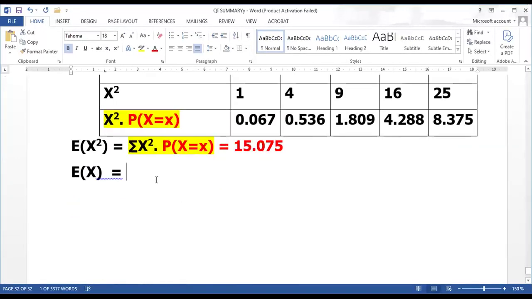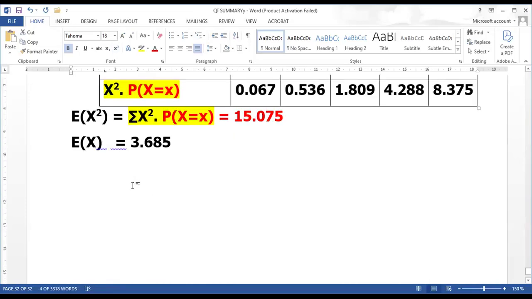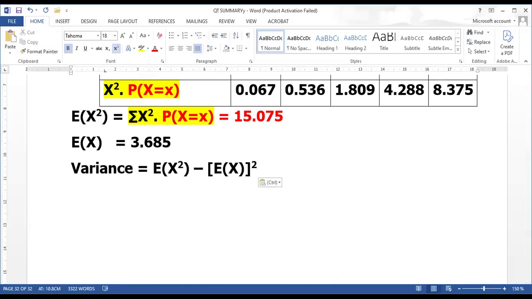Then we substitute in this formula to get the variance. So the variance will be this figure, because already you have it, then minus the mean squared.